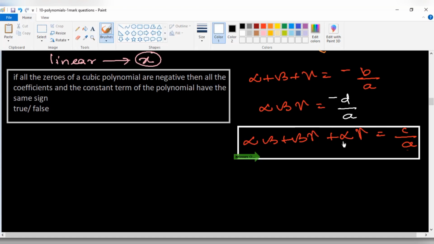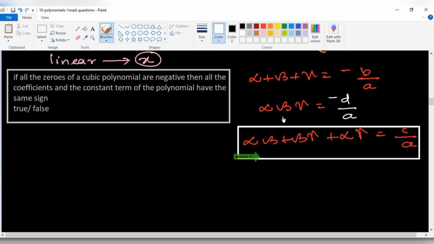If any of the roots is not negative, then we cannot strictly say that this is positive, right? And in the question it is given that all the zeros of the cubic polynomial are negative.